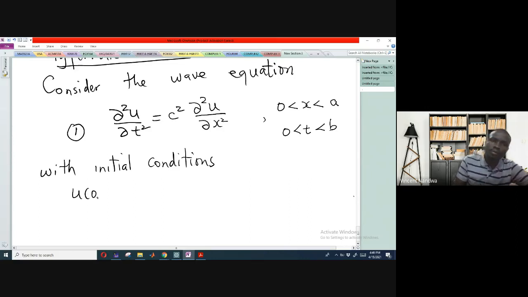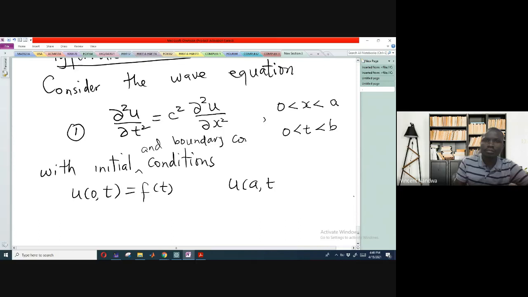u of 0, t given by a function f of t, and u of a, t given by function g of t, so initial and boundary conditions.